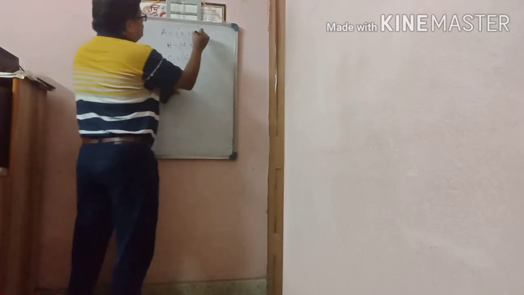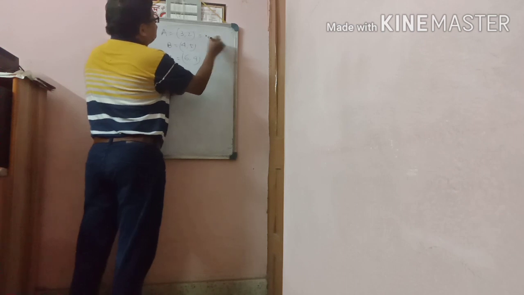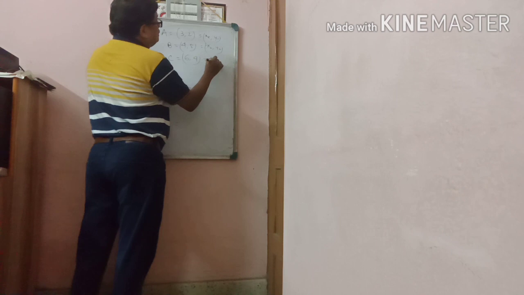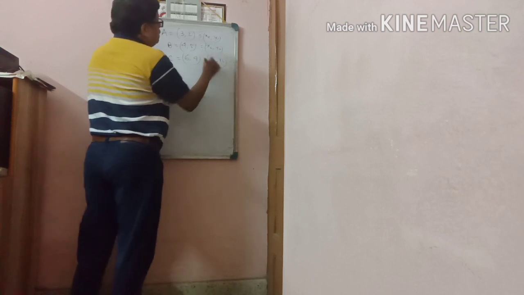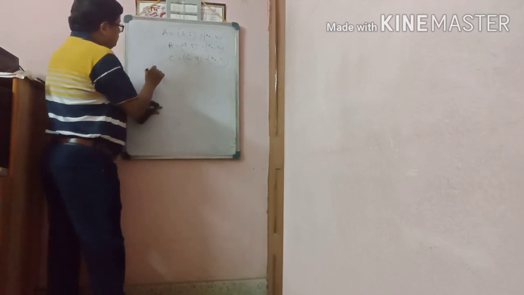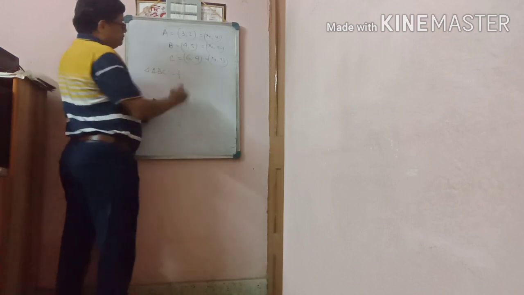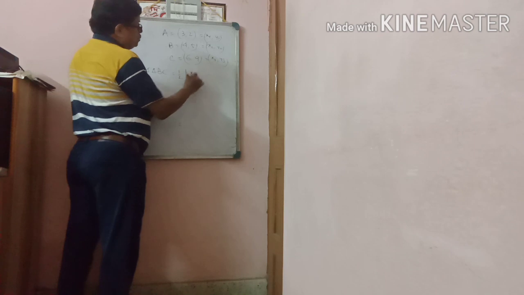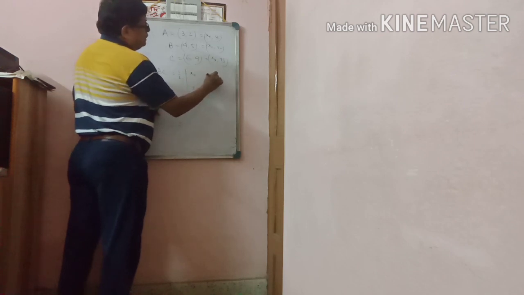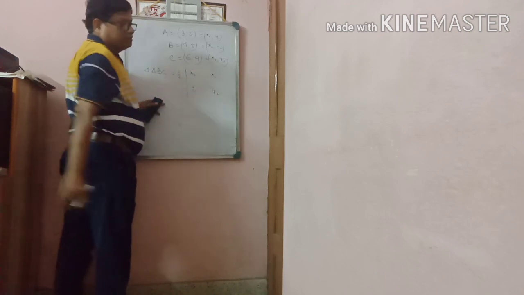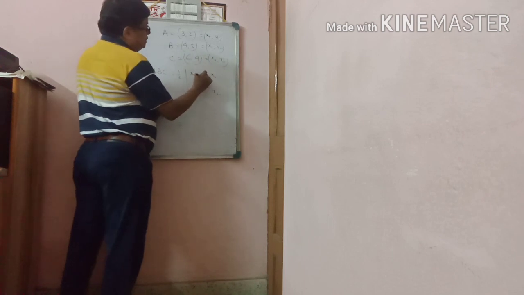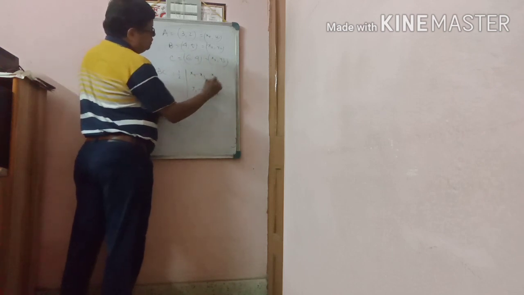This is x1 y1, this is x2 y2, this is x3 y3. Area of triangle ABC is half, x1 y1, x2 y2, minus x3, minus y3.